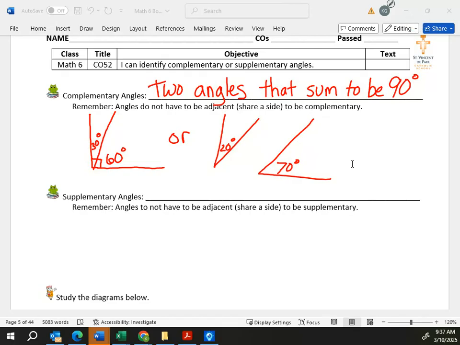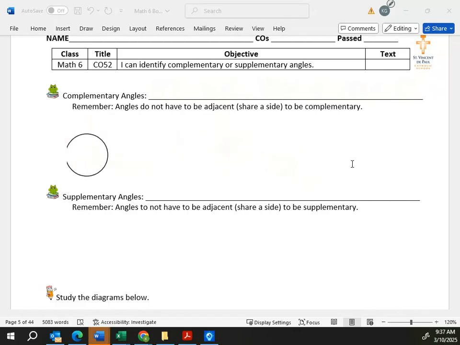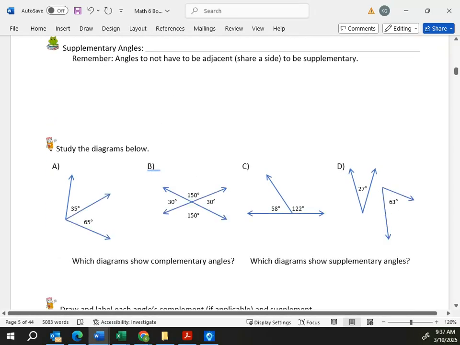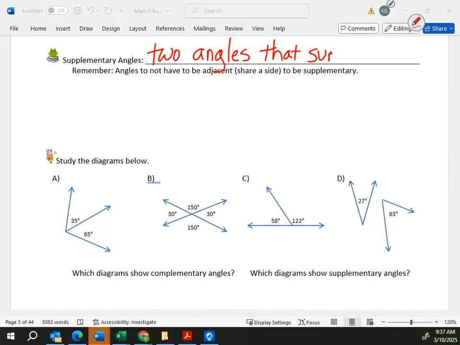So now let's look at what supplementary is. Any guess as to what supplementary angles will be? What do you think, Emma? Yeah, two angles that sum to be 180 degrees.